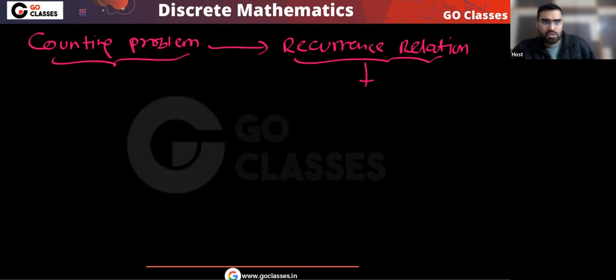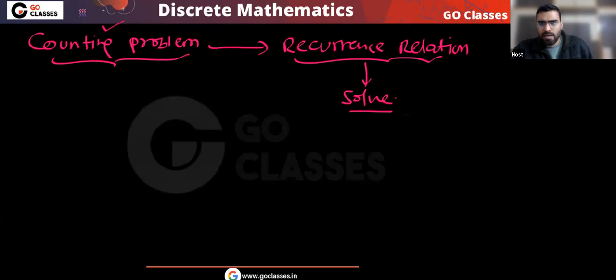Writing the recurrence relation itself is very interesting, and that is the reason many questions in the GATE exam are based on writing the recurrence relation. There is a counting problem, and from that counting problem, how to write the recurrence relation. Solving the recurrence relation is not a big thing.